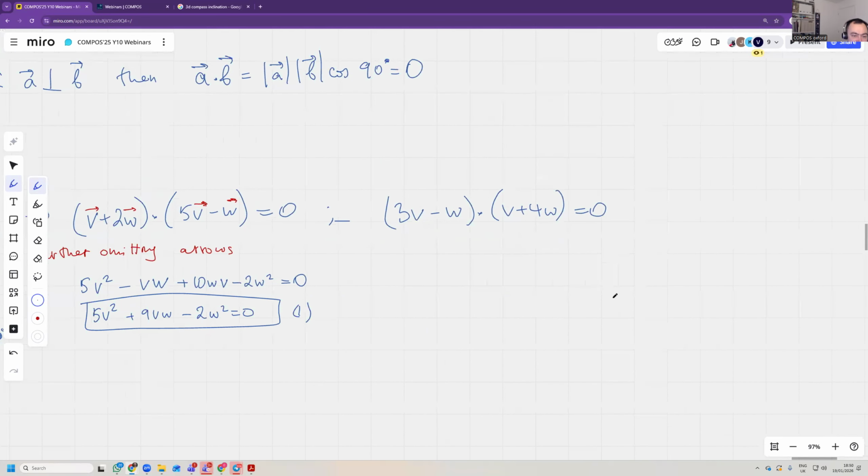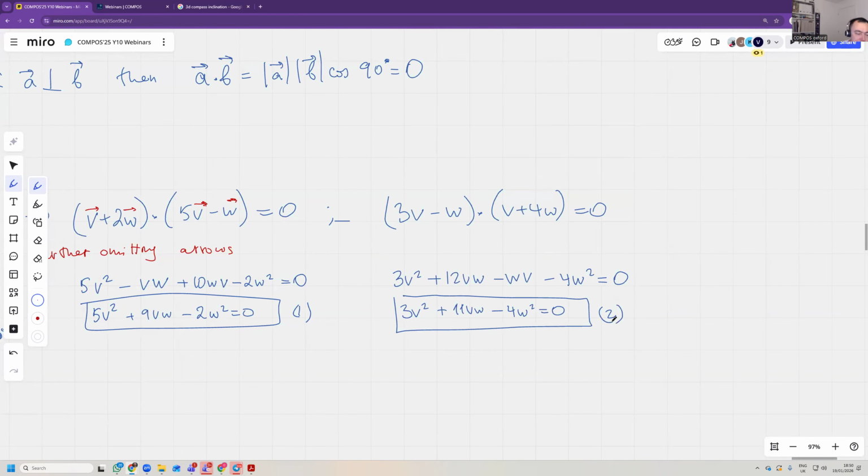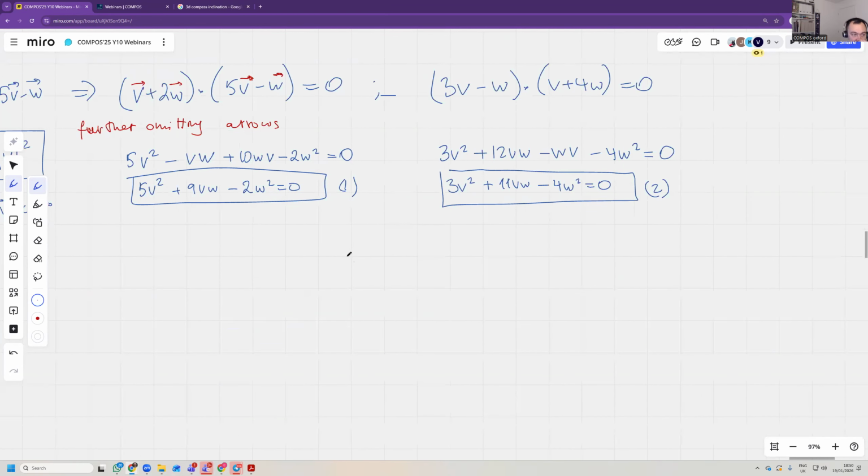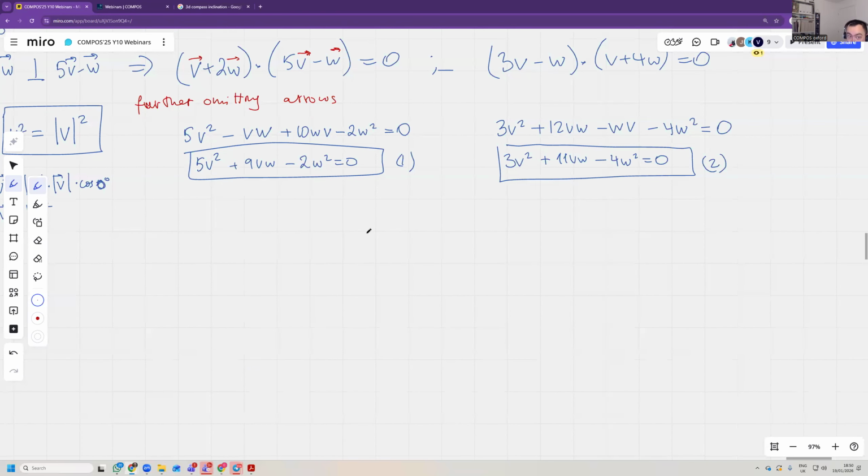If you multiply those out, you get 3v squared plus 12vw minus wv minus 4w squared equals 0. So 3v squared plus 11vw minus 4w squared equals 0. And that's the second equation. Remember that v and w are vectors. They're not just numbers.